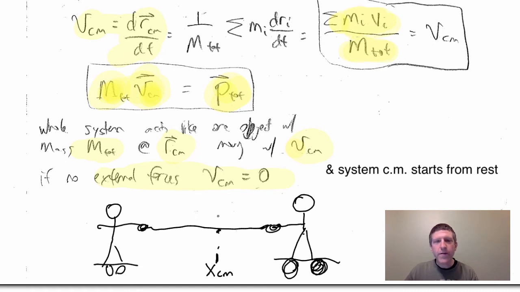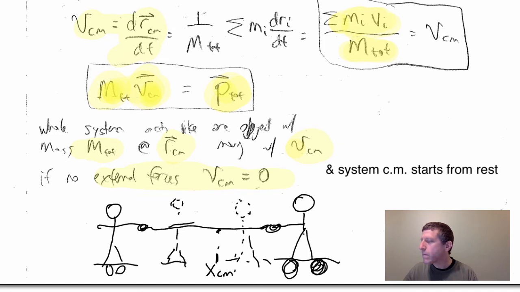Now, even if they pull on each other and they end up over here, this person ends up over here and this person ends up over here, the center of mass will remain in the same position. This will still be the center of mass.